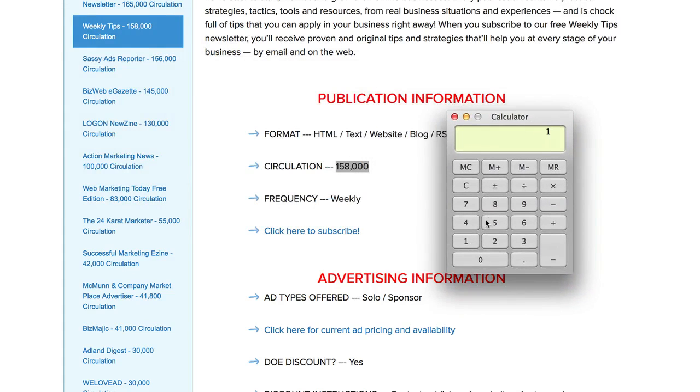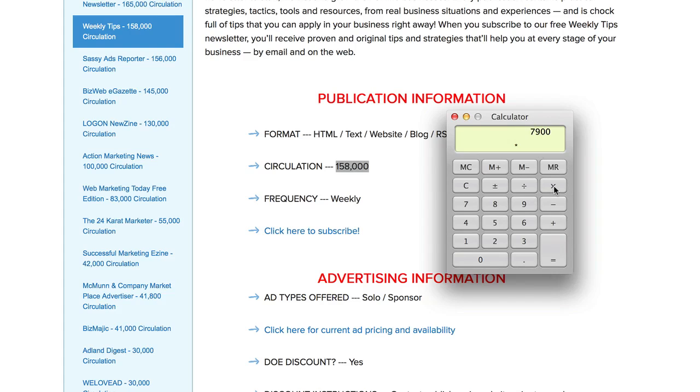Let's say 158,000 circulation, and let's be really conservative here. Let's say the email open rate is 5%. That means 7,900 people will actually open your email.